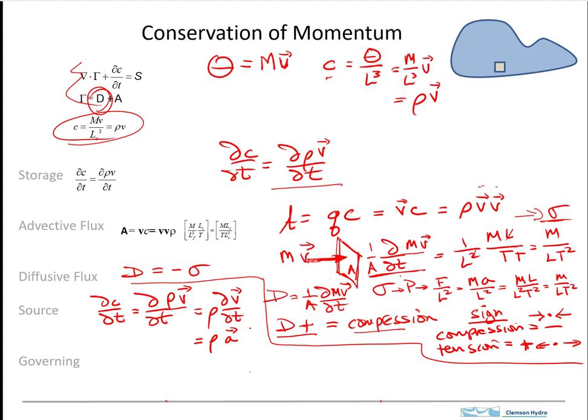And so the source of momentum is the density times acceleration. Well, one source of acceleration could be g. So that's the gravity acceleration.